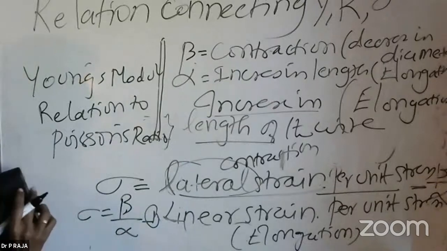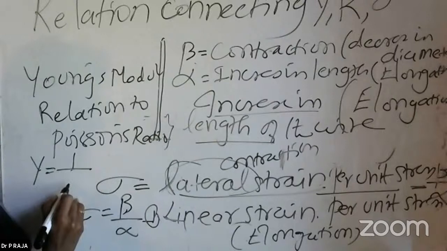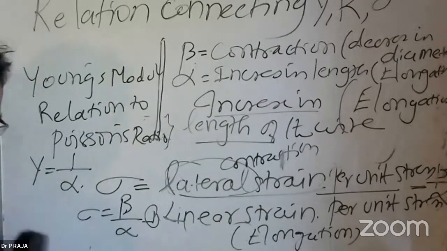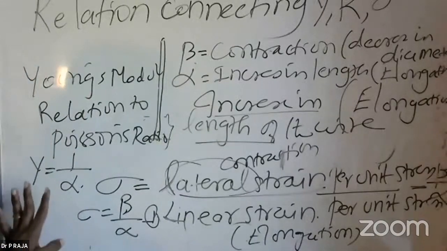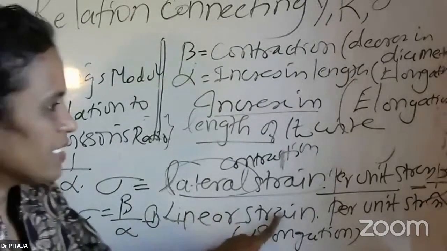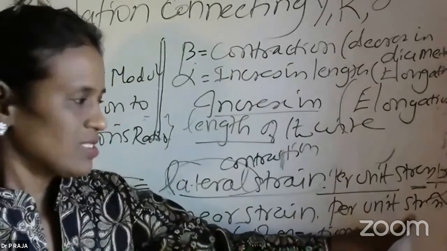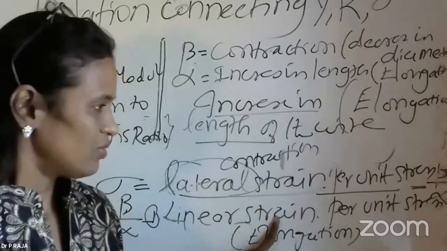It is related in this way: Y is equal to 1 by alpha. How is it possible, 1 by alpha? Alpha is nothing but what? Alpha is the linear strain per unit stress. It is a ratio of the strain by stress itself.